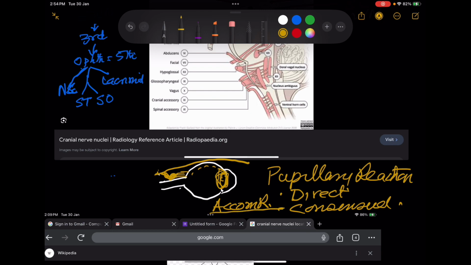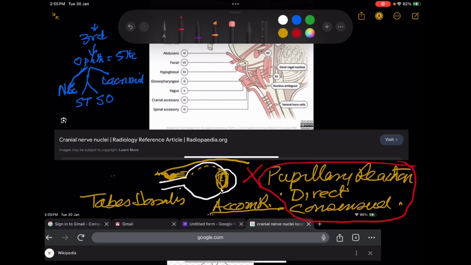Now, if the Edinger-Westphal nucleus is involved, as in tabes dorsalis, the pupillary reaction, direct and consensual, is lost. But the accommodation is present.